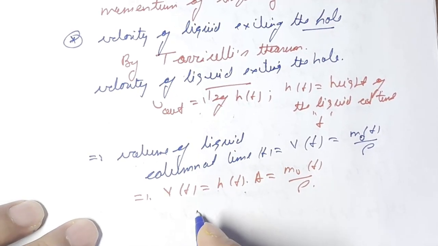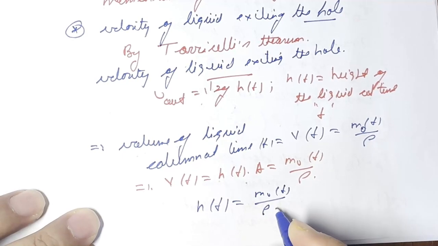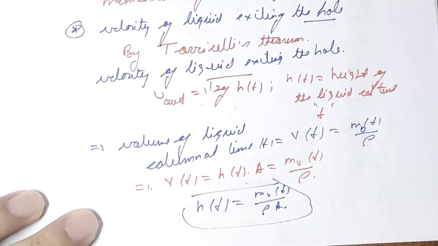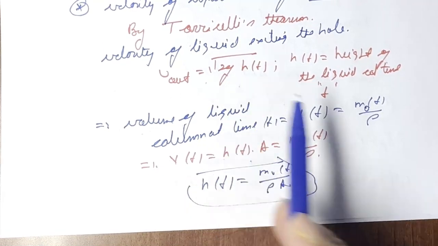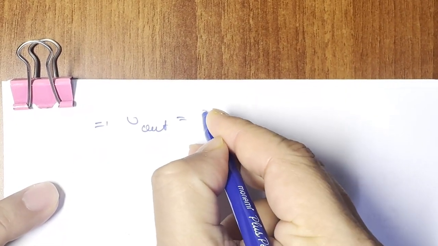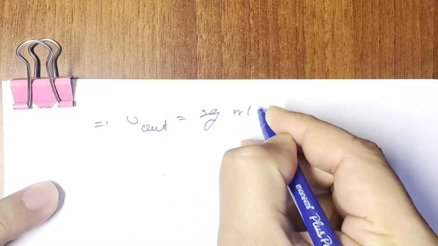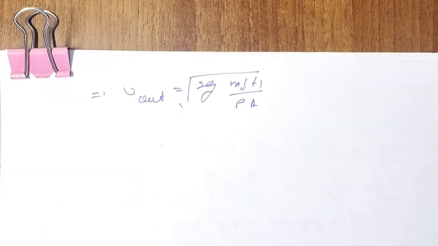From here the height will be equal to m naught t divided by rho A. If we substitute this height in the velocity equation, the velocity will be equal to the square root of 2g multiplied by m naught t divided by rho A.